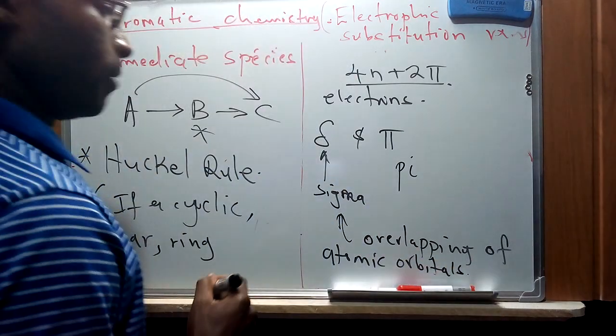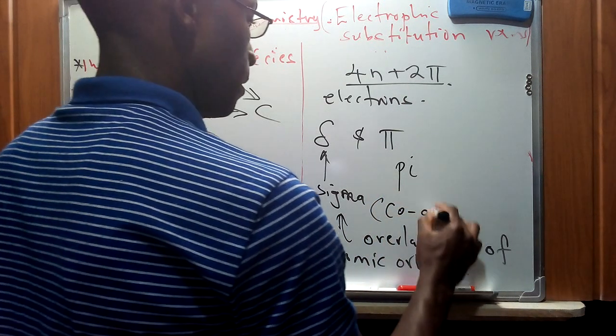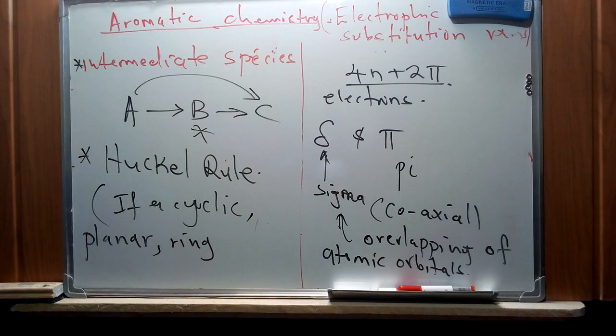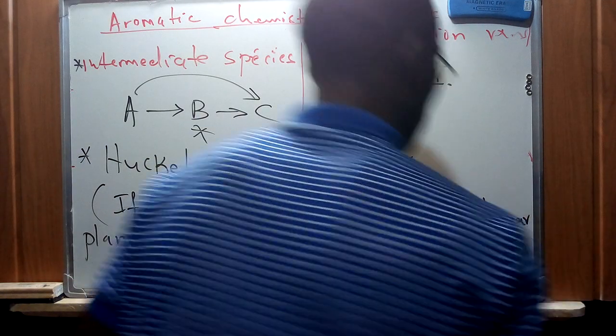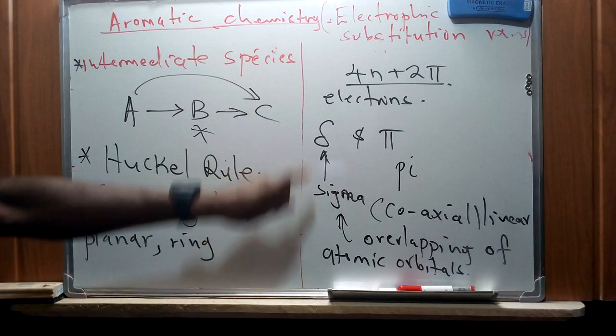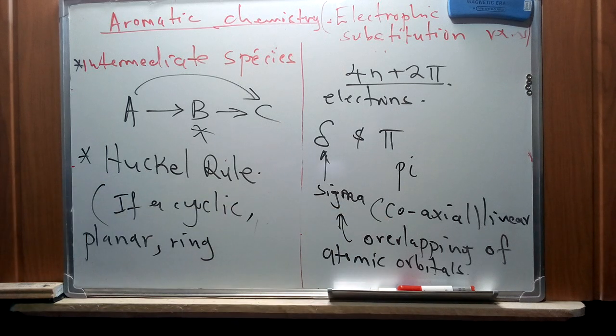Geometrically, the overlapping of these atomic orbitals is coaxial in nature, or linear, which means in a straight line. So the sigma bond refers to the covalent bonding that occurs when atomic orbitals interact by overlapping in linear or coaxial geometry.